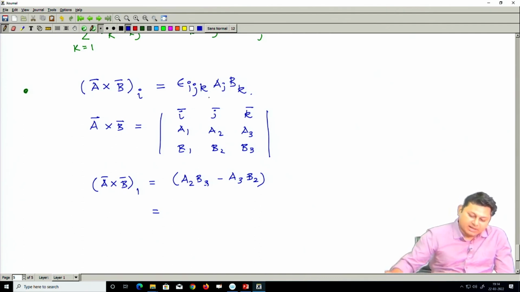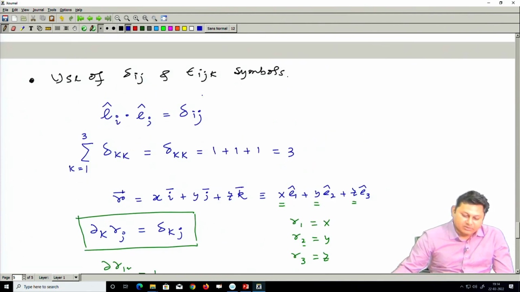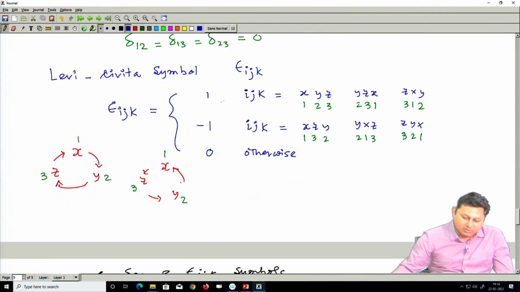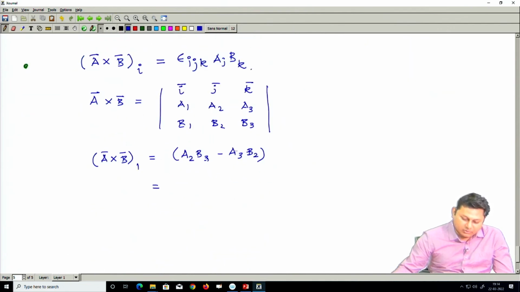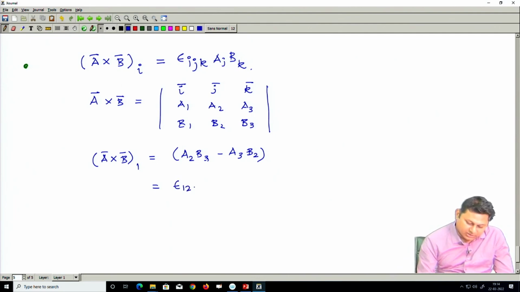But epsilon has this property that not all the values are 1, not all are 0; some values are 1, some are minus 1, and some are 0. If I put all these together, you will find the only non-zero values are epsilon 1 2 3, when i, j, k are all distinct.